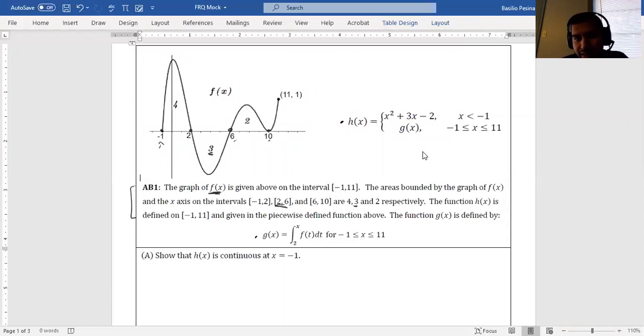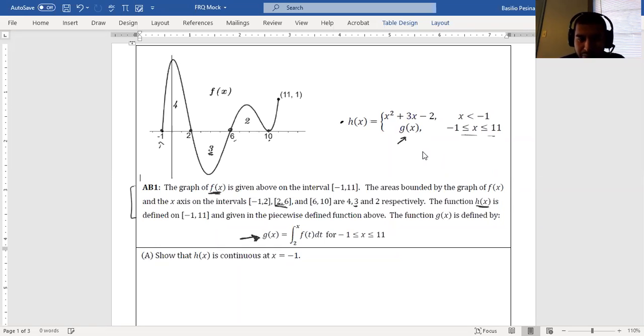And then we see that there is a piecewise function here. H of x is defined from the interval from -1 to 11, and we can see that. It's given by the piecewise function that includes a g. So here we have a g function that exists on this side, and then they tell us what g actually is.